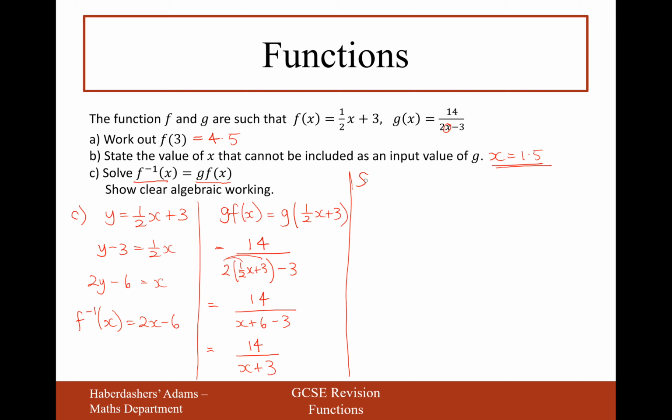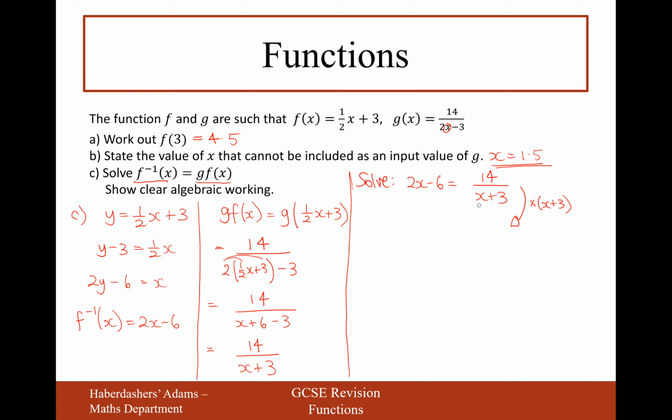Now we've just got to solve these two things when they're equal to each other. So 2x minus 6 equals 14 over x plus 3. Now this looks like a very difficult equation to solve, but whenever we see something that looks like this, where we've got a fraction on one side, it's generally the best thing to do to times that fraction onto the other side.